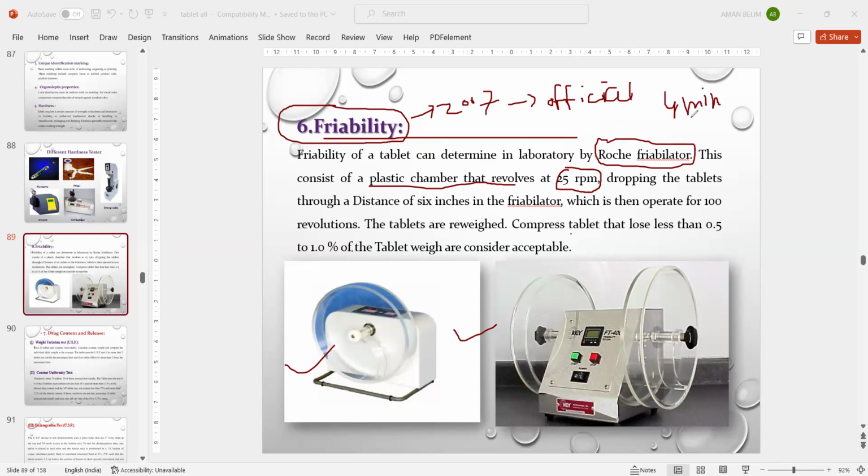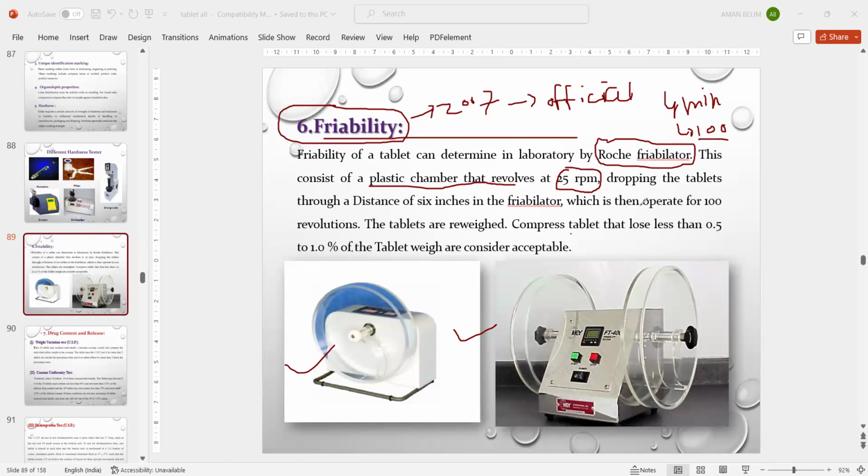So in 1 minute it rotates 25 times, and in 4 minutes it rotates 100 times.